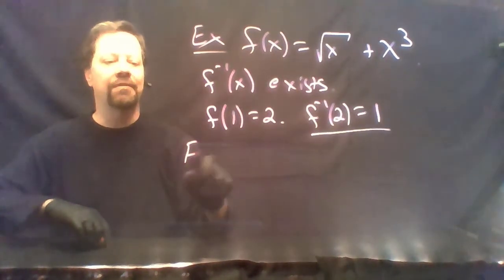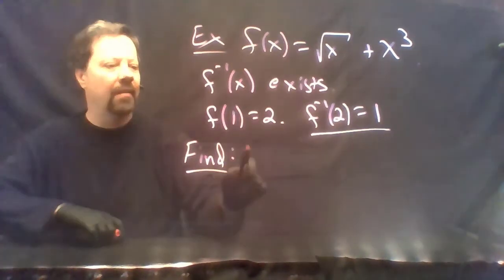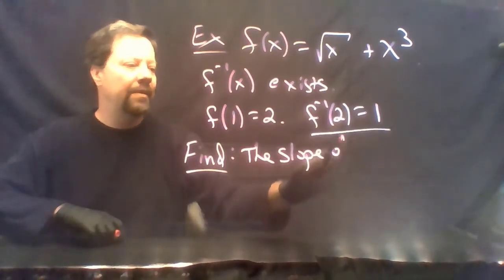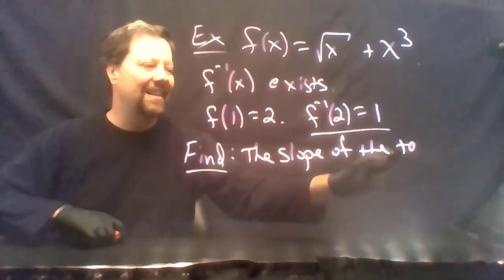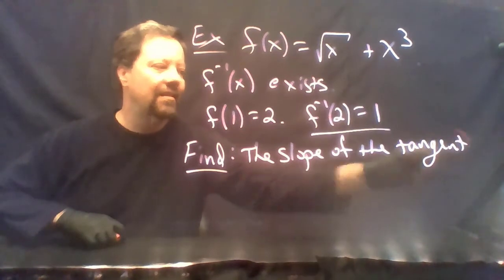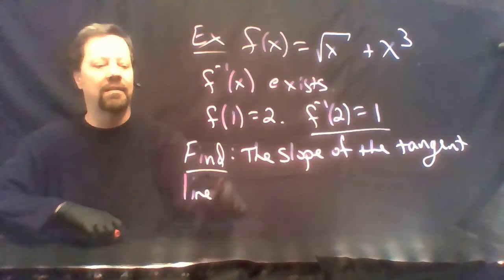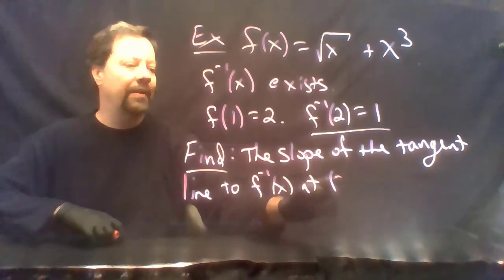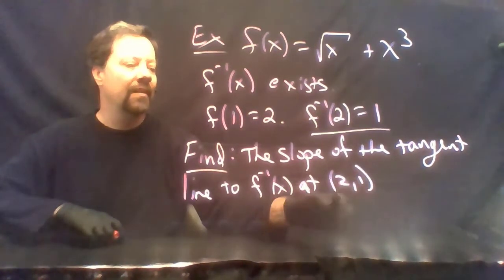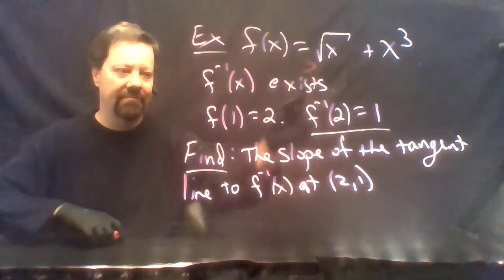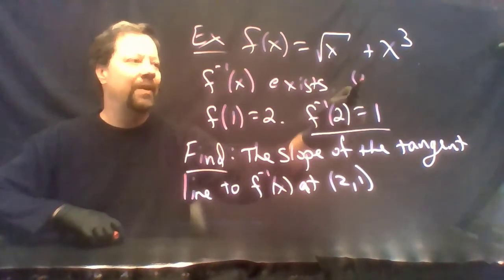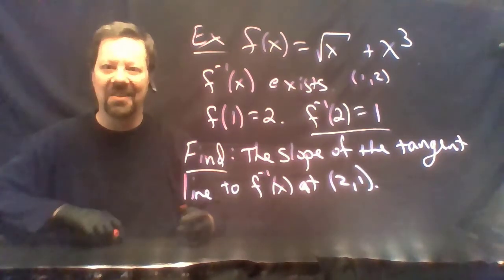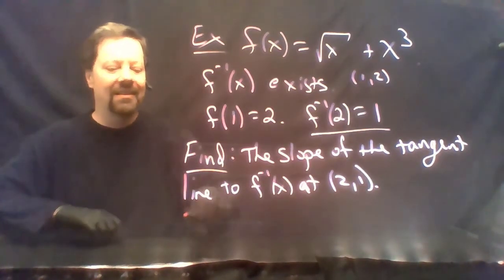I want to find the slope of the tangent line to f inverse of x at the point (2, 1), which lies on the graph of the inverse, not the function. The point (1, 2) lies on the graph of the function, so the point (2, 1) lies on the graph of the inverse.